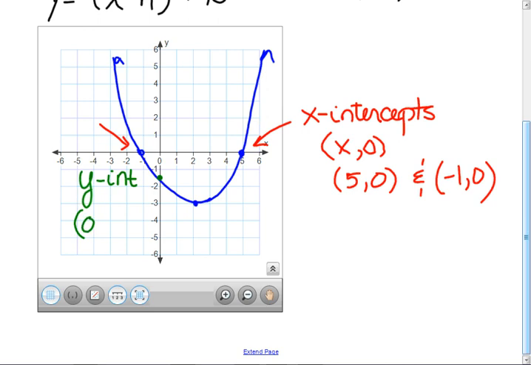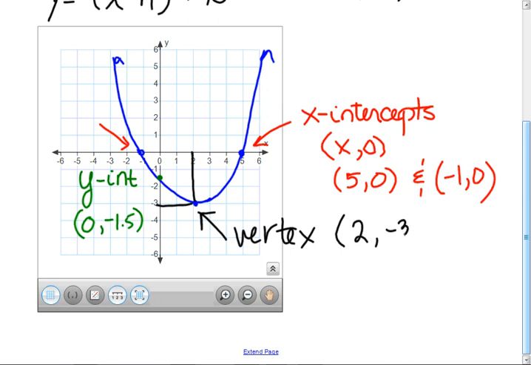The x value is 0. This is -1.5. Okay, and DeMonte can help me with what's the vertex? This is the vertex, the lowest point or the highest point? Well, the x value is what? 2, and the y value is? -3. And that's what you have to know.